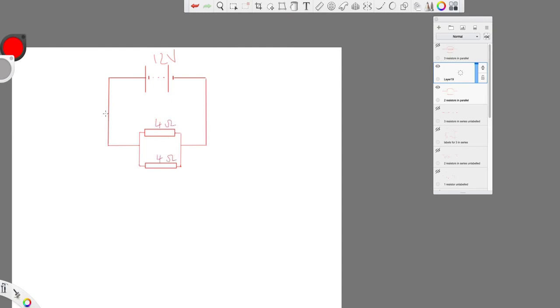So, like we said before, current comes here, some of it goes that way, some of it goes that way, but the total remains the same. Now, comparing this to having just a 4-ohm resistor in the circuit, we now have two 4-ohm paths. So more current can flow now than we had if we had just the single 4-ohm resistor.